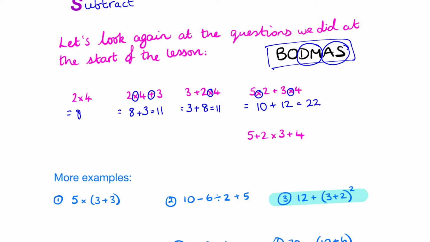When we looked back at what we got before, this one had several different answers, and the correct one was 22 when you do your multiplying before you're adding. And the next one, there were a few different answers when we did the different orders, but again, the multiplying needs to happen before the adding. So we do the 2 times 3 first, that's 6. So we've got 5 add 6 add 4, which makes 15.